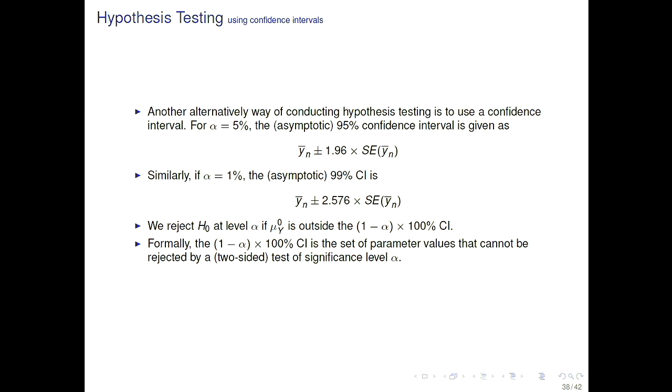Many applied people, especially not theorists, often say that our 95% confidence interval contains the true population parameter value with 95% probability. It looks similar, but this interpretation is technically wrong. And many people have this wrong interpretation. This last bullet point is the right interpretation.